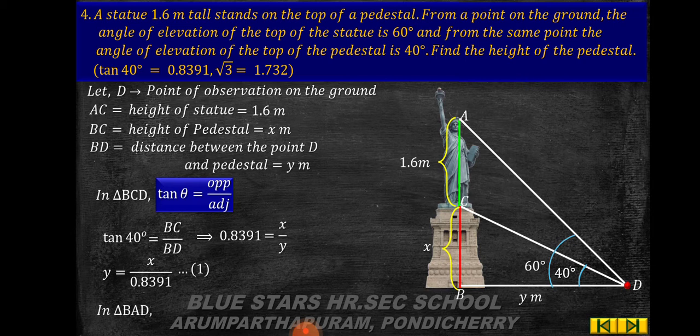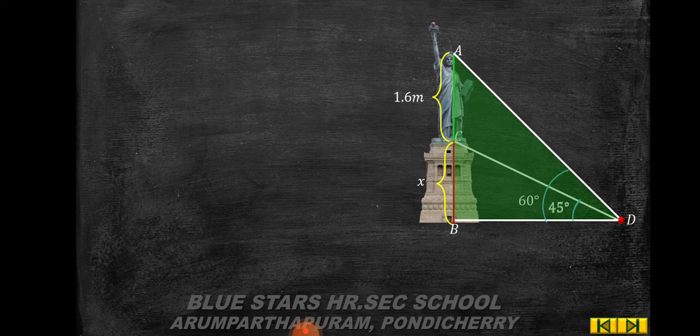Next we are taking another triangle. In triangle BAD, angle BDA is equal to 60 degree. That is, we are taking the whole triangle. So tan theta is equal to, as usual, opposite by adjacent. Tan 60 degree is equal to the opposite side AB divided by the adjacent side BD.